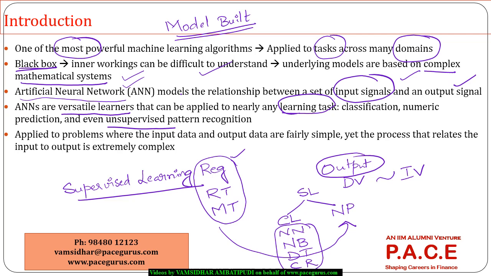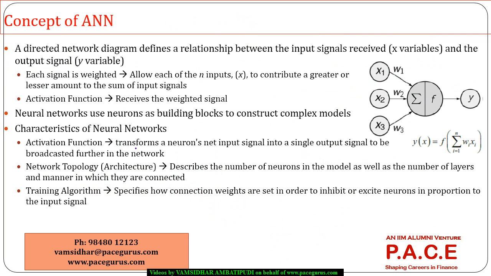So that's one more advantage associated with neural networks. When the relationships between the inputs and the output are very, very complex, I can very well think of using neural networks for modeling the relationships between the inputs and the outputs. So that's the basic background behind neural networks.